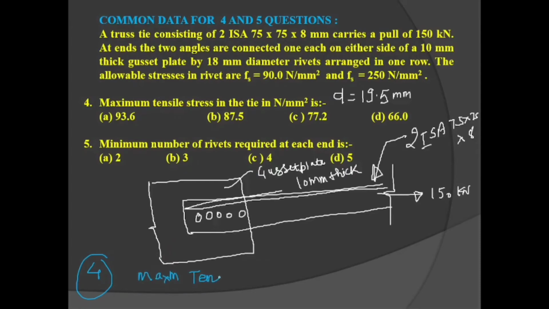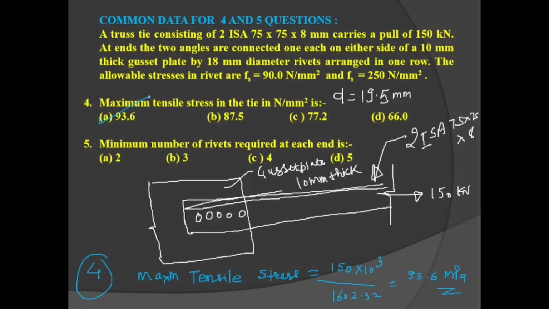Load is given as 150 kilonewton, times 10 to the power 3, divided by area 1602.32, that is equal to 93.6 megapascal. That is the answer. So our option A is correct. Question number 4 is okay.